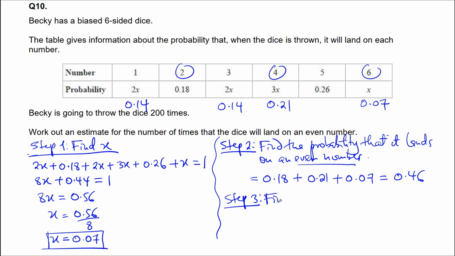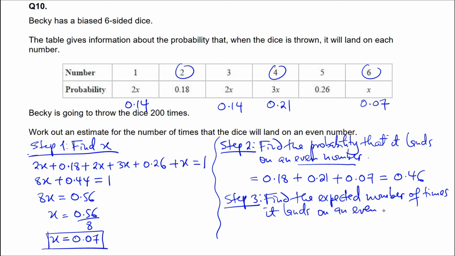So that will be equal to, from step 2, the probability that it lands on an even number, 0.46, multiplied by the number of times Becky throws the die, which is 200, and that will be equal to 92.